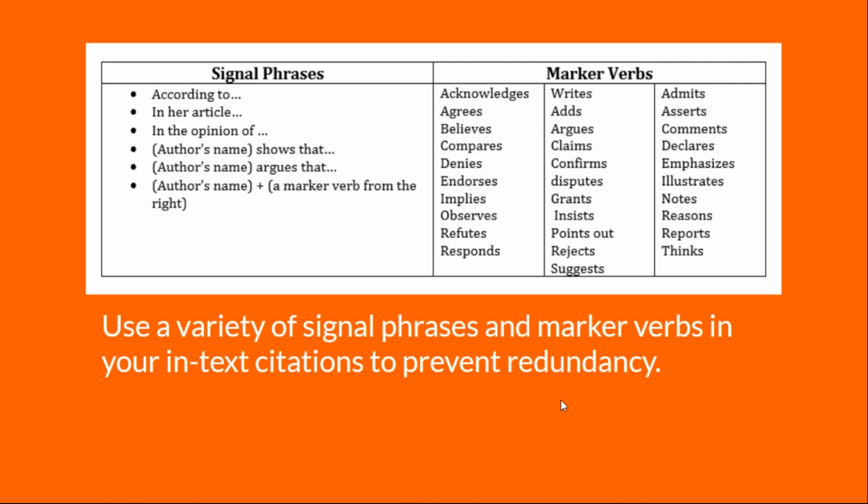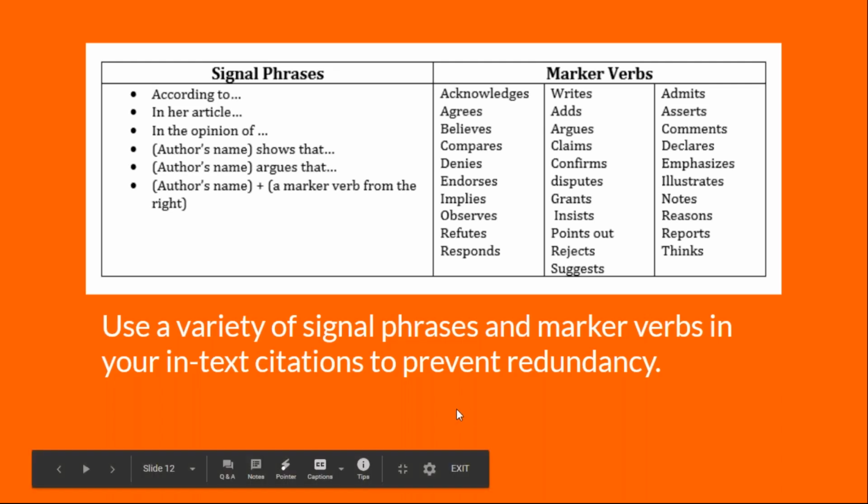You might say, according to Smith, and then provide the source material. You might say, Smith compares this study with that study, etc. Just make sure that you mix it up a little bit to avoid redundancy.